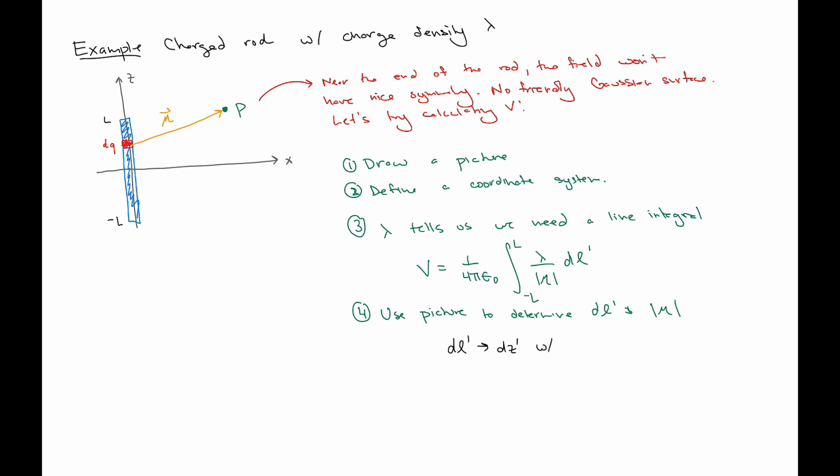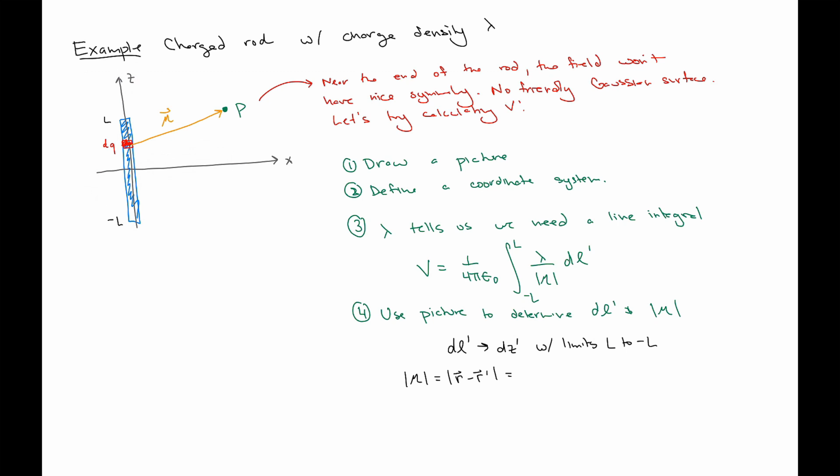And the limits will go from L to negative L. Then my separation vector, or the magnitude of the separation vector, which you remember is equal to our r position vector minus r prime position vector.